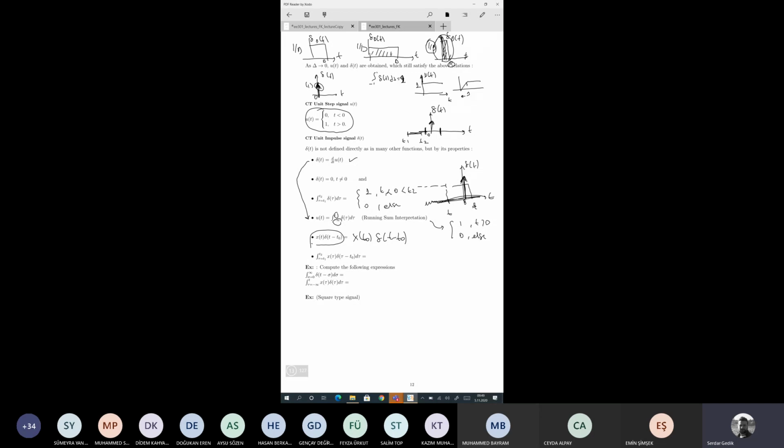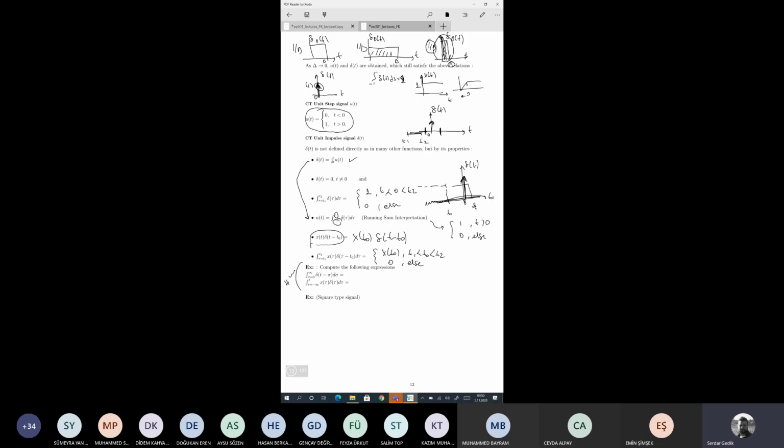So if you do this, instead of a signal, you get a number. It is simply equal to x of t0 if t1 is smaller than t0 and t0 is smaller than t2, and it is 0 else. Okay, so this is simple. Well, these are again your exercise. Please try them at home.